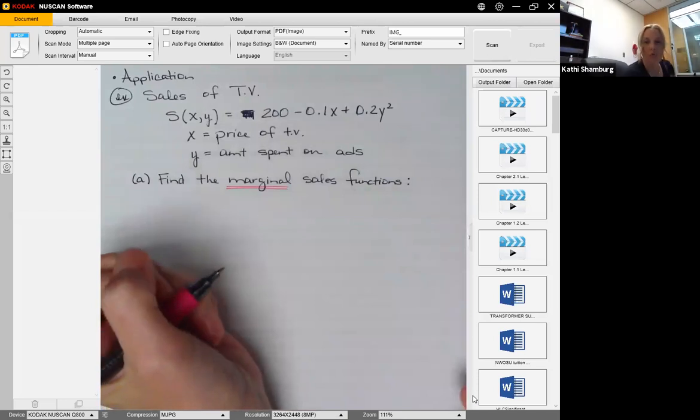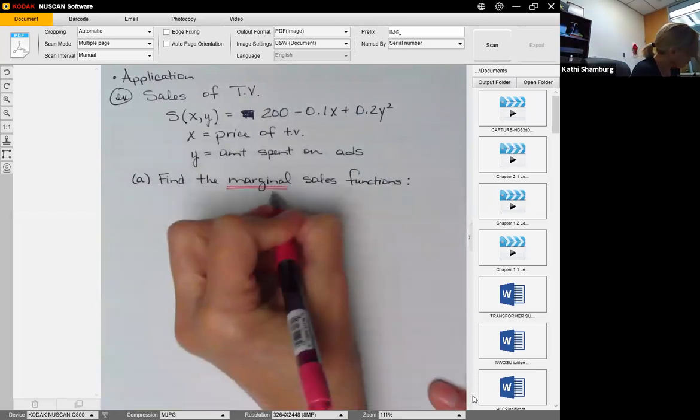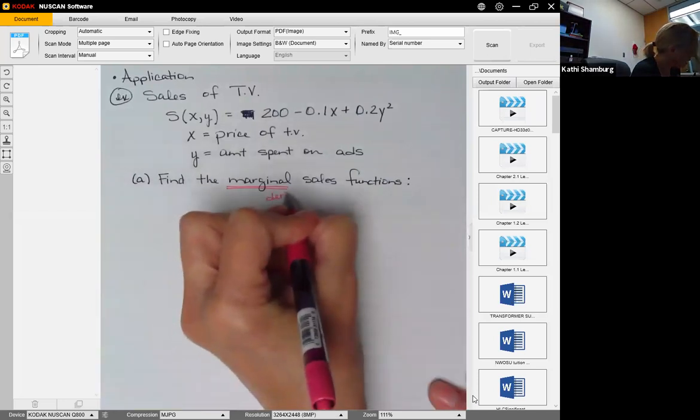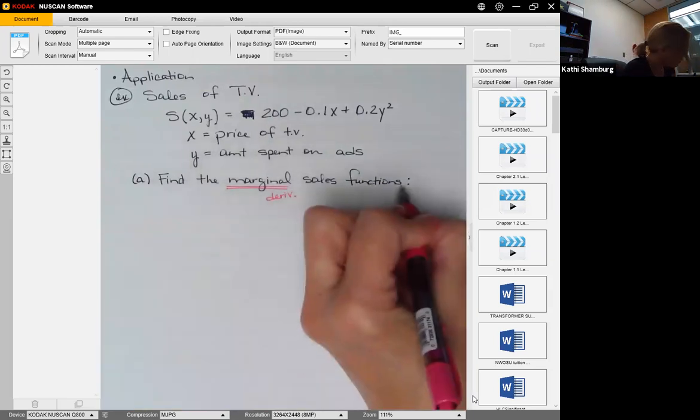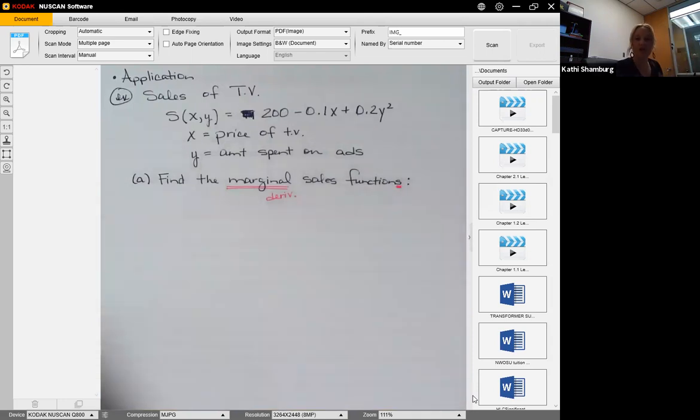When you see the word marginal, you know it's talking about, hey, take the derivative. Now also notice we have multiple variables, so we need to find it with respect to x and with respect to y.